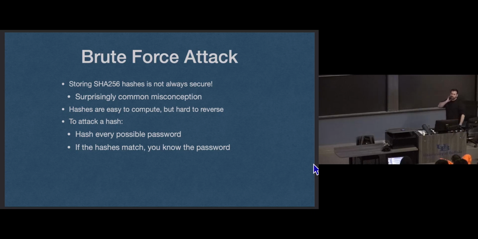You have just as much chance of guessing the actual password as guessing a separate input that computes to the same hash. That's what we call a hash collision. So you don't actually have to find out somebody's password, you just have to find something that hashes to the same value, which is super difficult. You're probably going to be better off finding their actual password because it's probably going to be easier to guess.